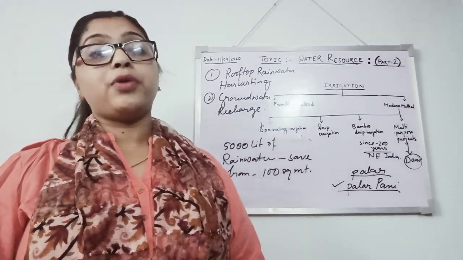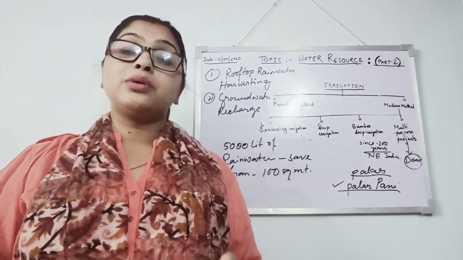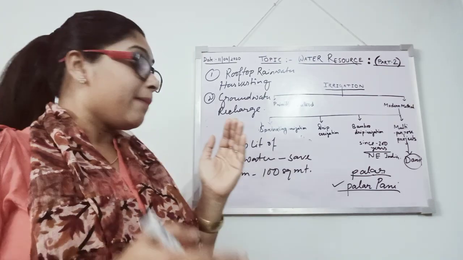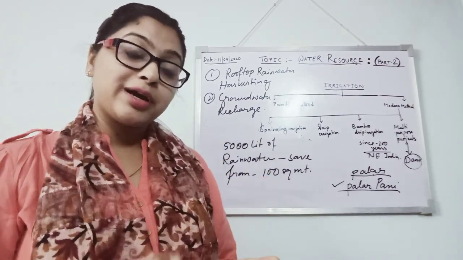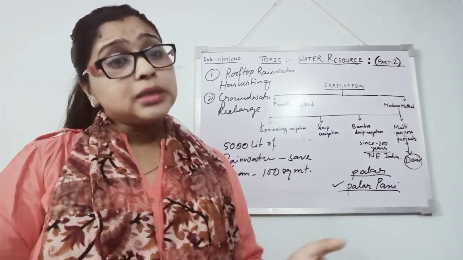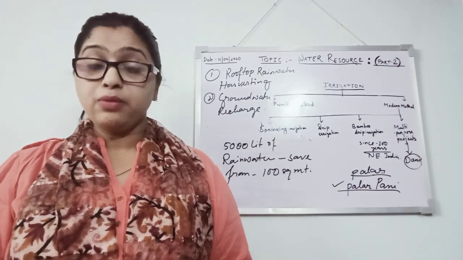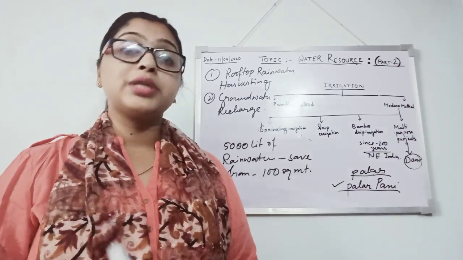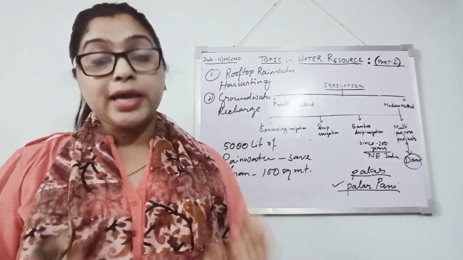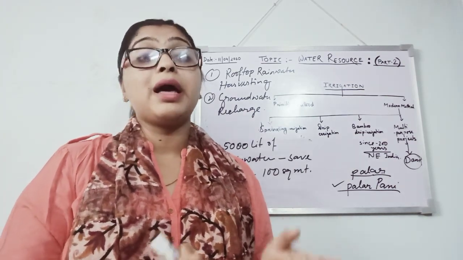This rooftop rainwater harvesting is used in parts of Tamil Nadu, Karnataka, Assam, Rajasthan, and other parts of this country, where they have started to save rainwater. I also have to say that Tamil Nadu is a state where rooftop rainwater harvesting has been made compulsory, 100%.